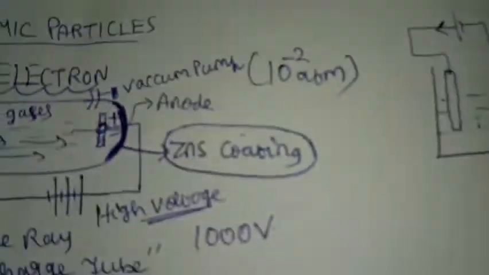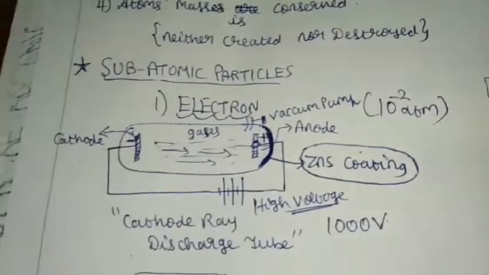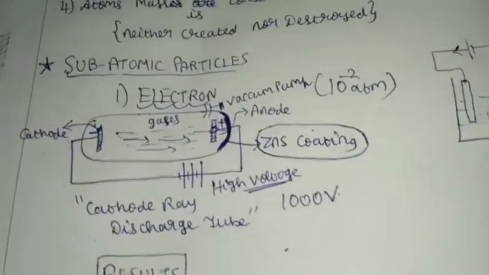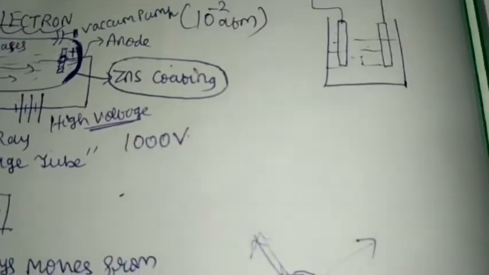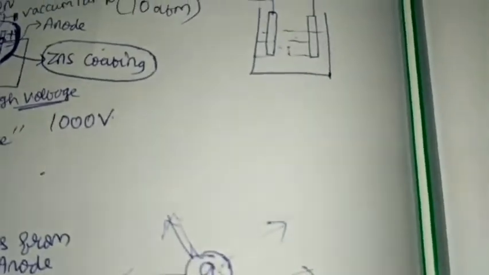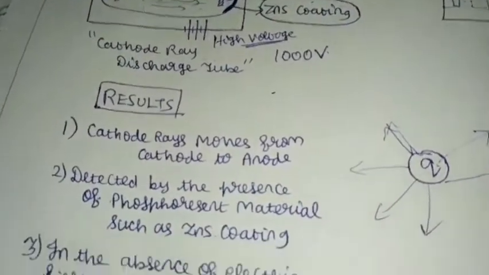X-rays were also produced when the rays were made to fall on metals like tungsten and copper. These are the basic experimental results which came up when J.J. Thomson and Michael Faraday did the cathode ray experiment, a very famous experiment which led to the discovery of the electron.